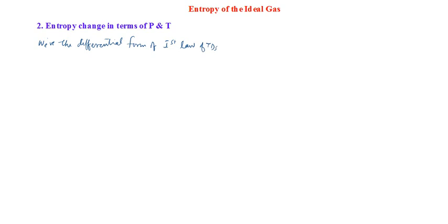What is that? We are writing in terms of Q. So d̄Q_r, for the reversible process, is equal to dU plus PdV. So let's start from here. Let me say this is my equation number 1.